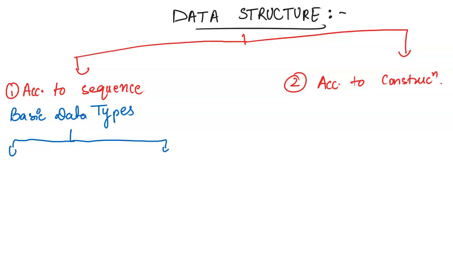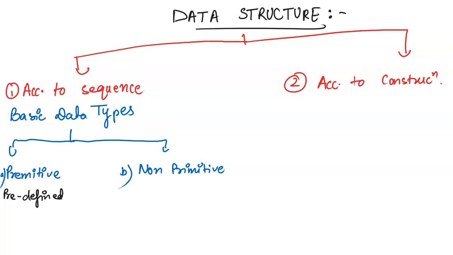The first is the primitive data type, and the second is the non-primitive data type. Primitive data types are basically predefined data types, and non-primitive are derived or defined data types.